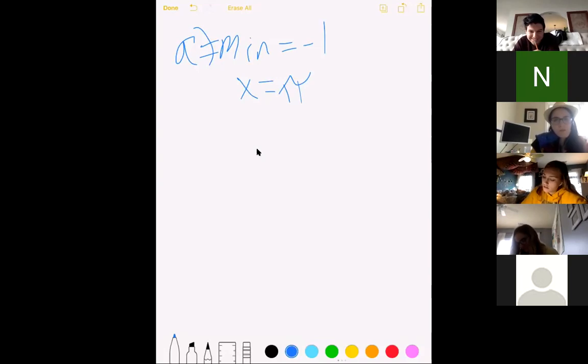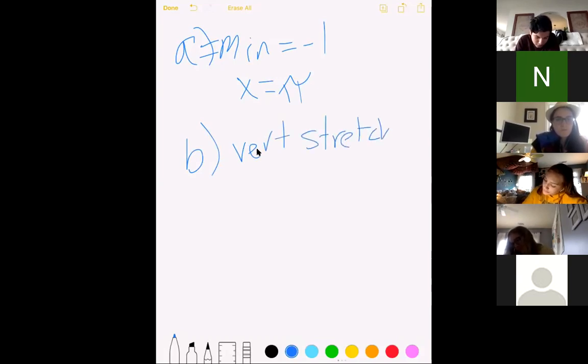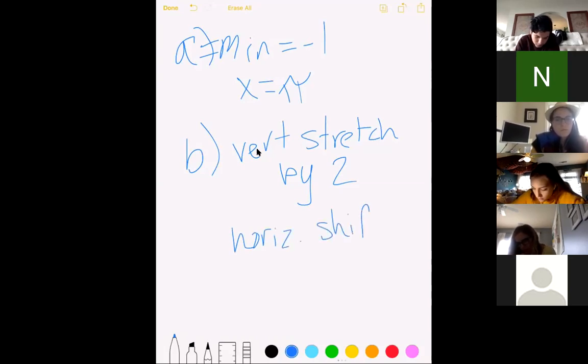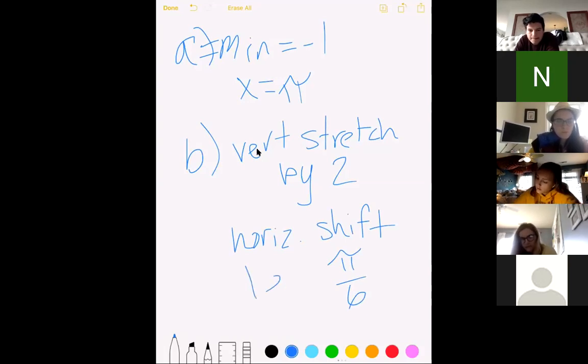Yeah. So for part B, this is a vertical stretch by 2. And then what does that pi over 6 part do? Is it horizontal or vertical shift? It's a horizontal shift. And which direction is it? Left. Yes, it is left.